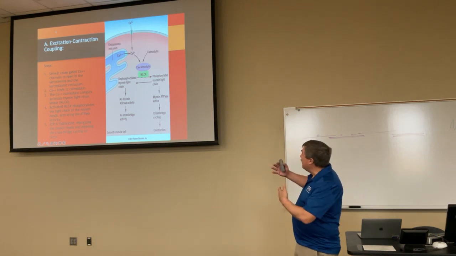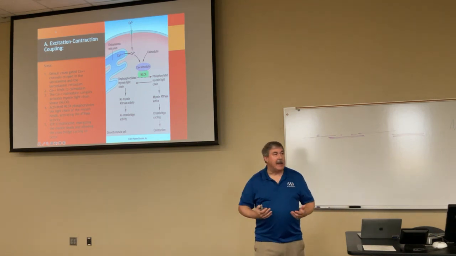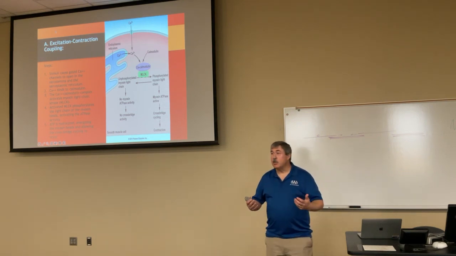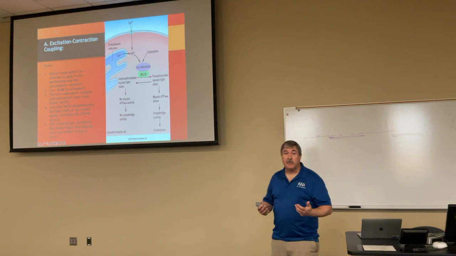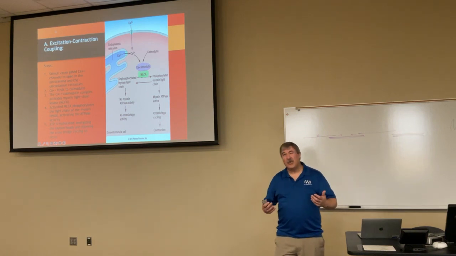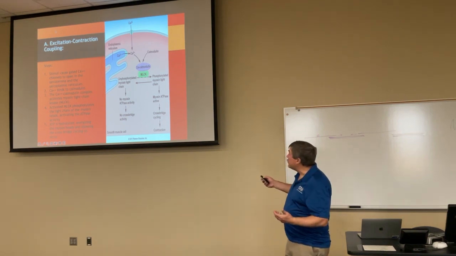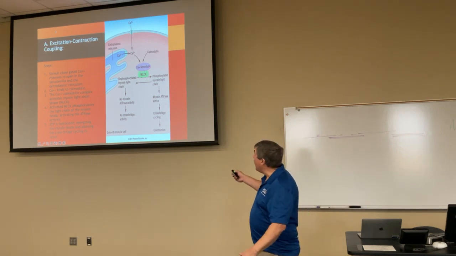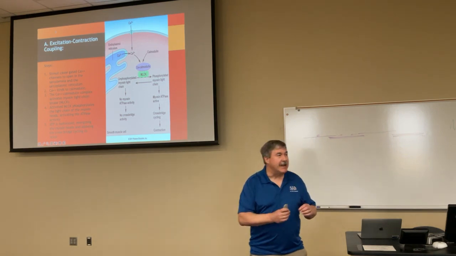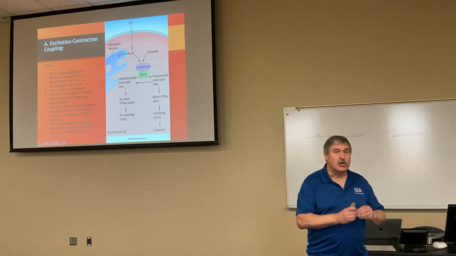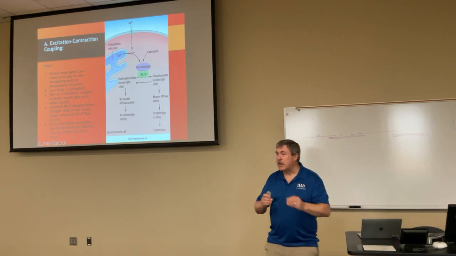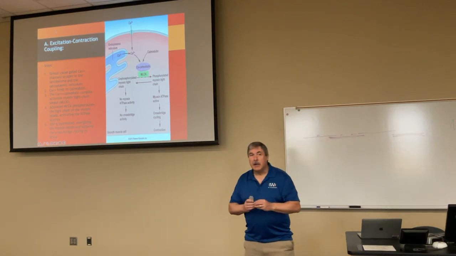Now, this may seem a little complicated, but it's really not, because there's really only 2 proteins involved. Well, 3 actually. There's calmodulin, which calcium binds to. So calmodulin is sort of analogous to troponin in skeletal muscle. In skeletal muscle, calcium binds to troponin.